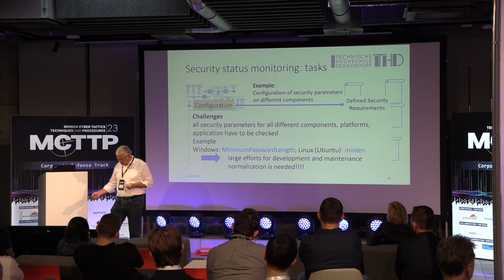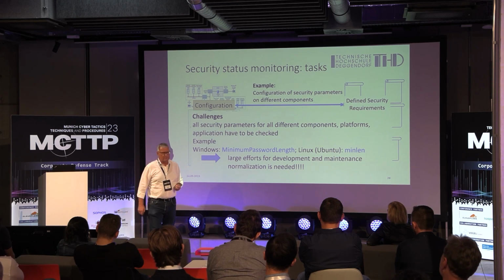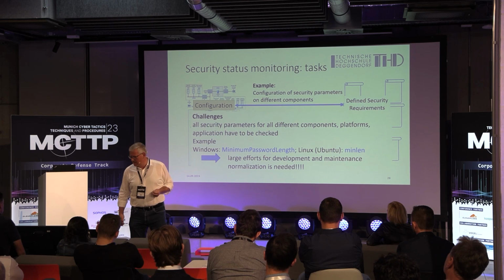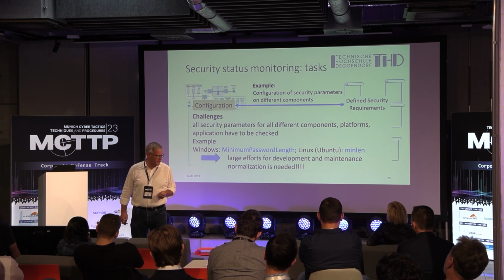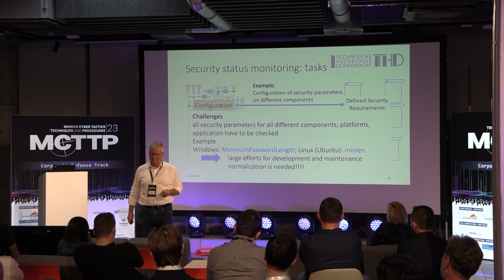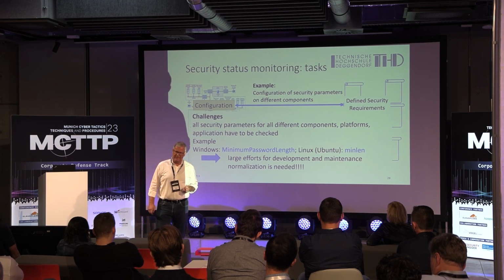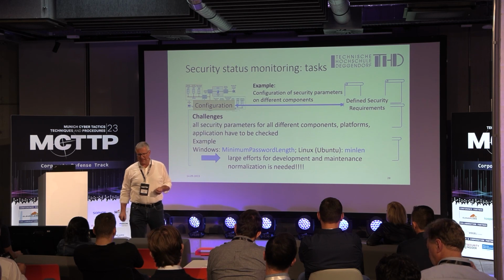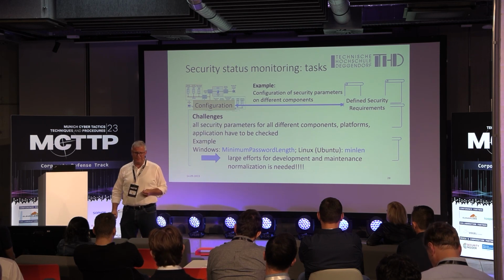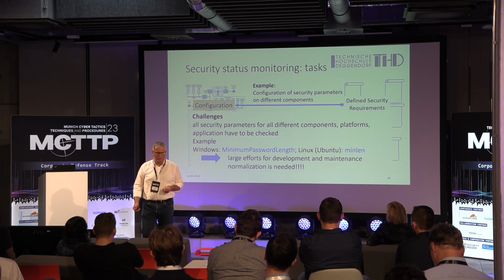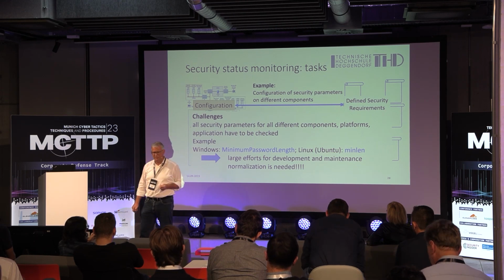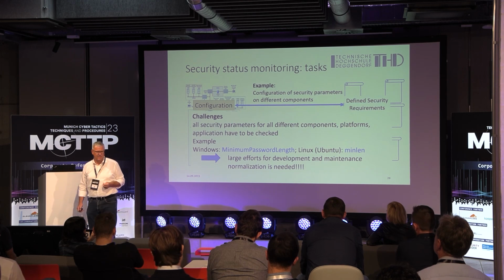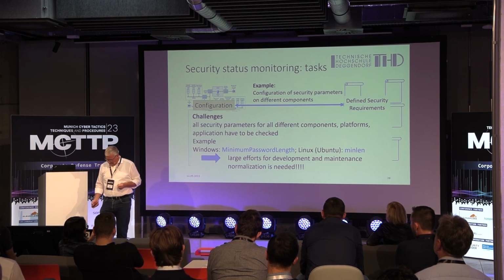And if you look at Linux, Ubuntu, the same is done by a parameter which has the name min_len. So if you want now to check with your security policy where we have minimum length of password, then we have to map both parameters to this target parameter, minimum length, password. And that is what I mean with normalization.